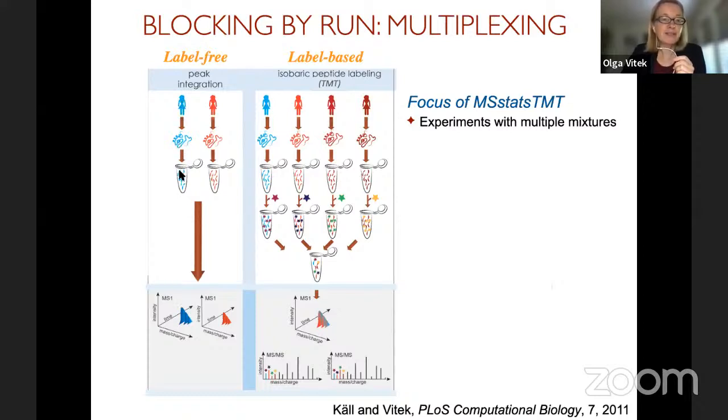So let's say we have a protein digested and we have a particular peak for this protein for the healthy individual, and then in a separate run, we have a peak for the individual with the disease. And so when we attempt to compare the abundances of healthy versus disease, whatever artifacts happen in this run and whatever artifacts happen in this run, they add variation and uncertainty to the things that we are trying to compare.